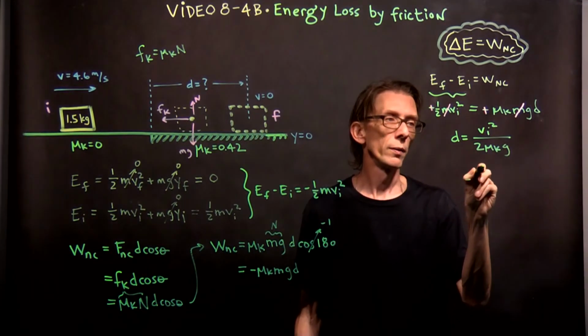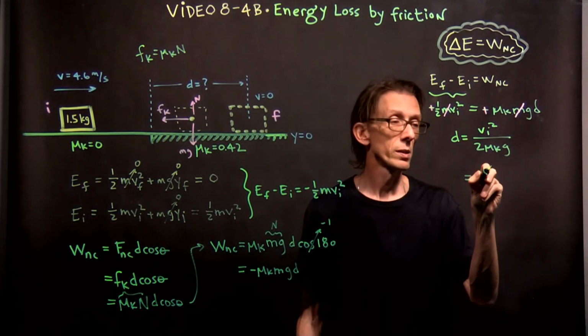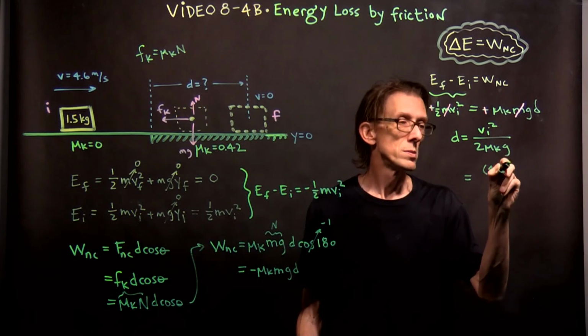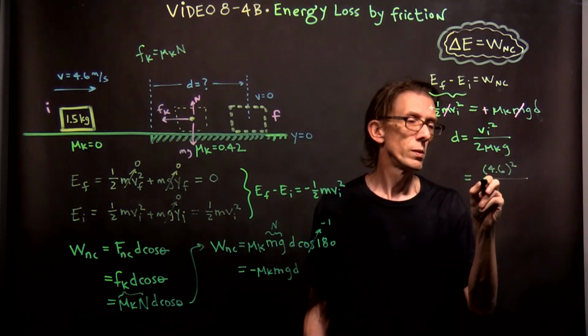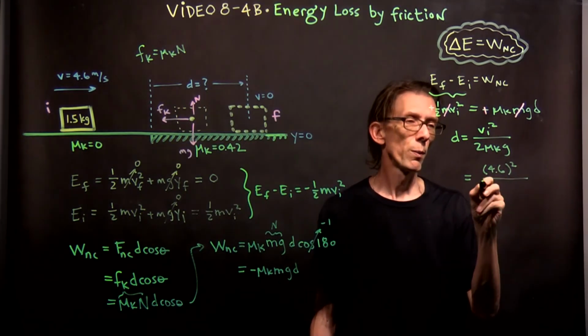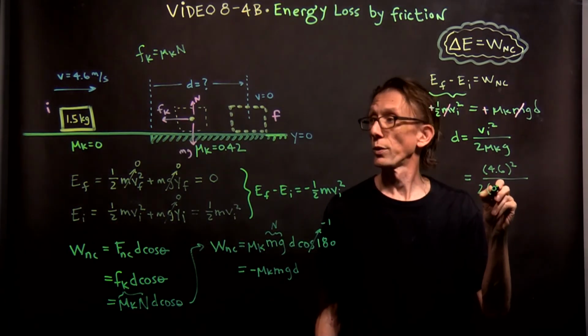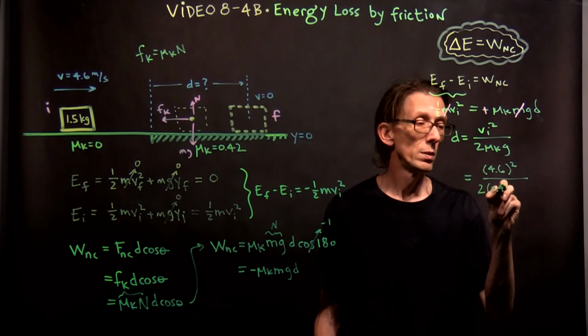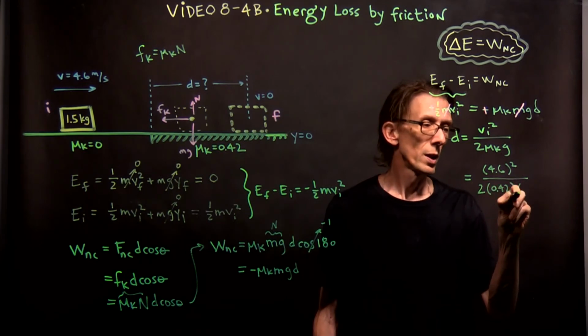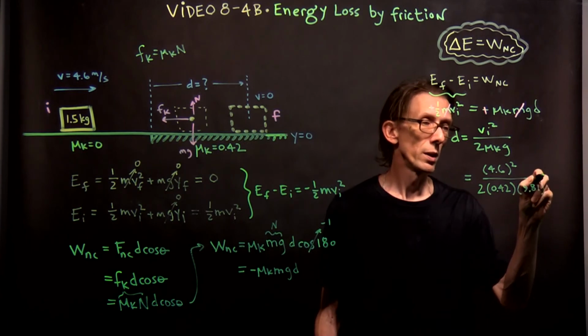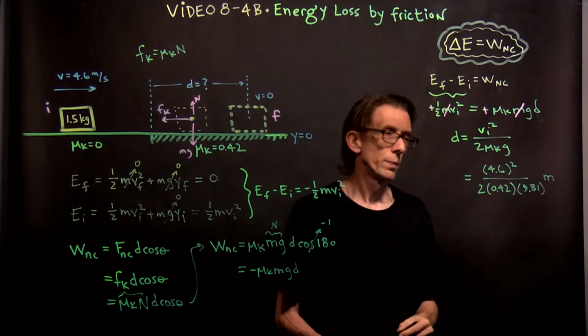We know everything. V sub i is 4.6 squared, times 2 times 0.42, I believe, times 9.81, and the answer will come out in meters.